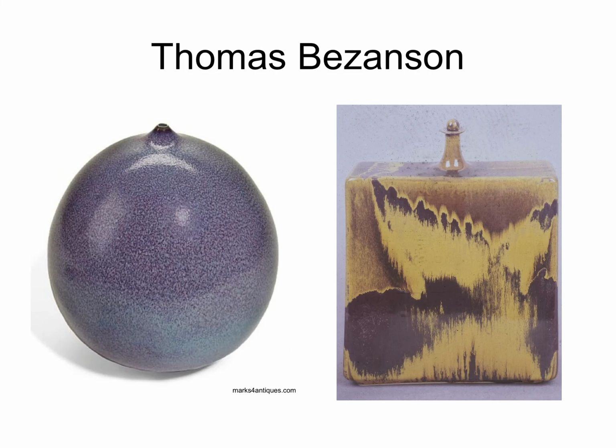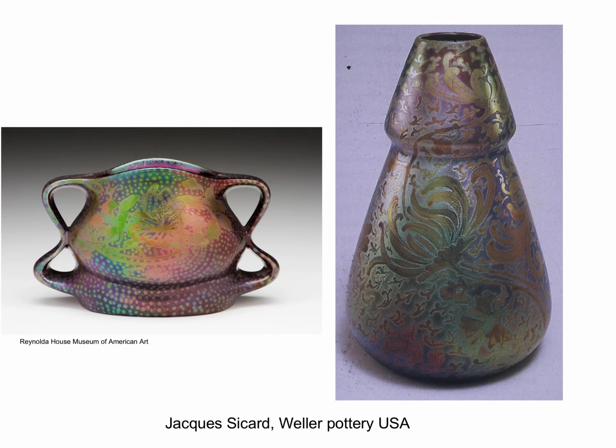The work of Thomas Bezanson, who was an American monk who developed wonderful glazes, new colors, new applications, new surface texture in his work in a monastery. Jacques Sicard working at Weller Pottery with, again, luster glazes.